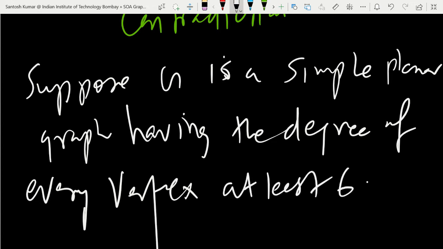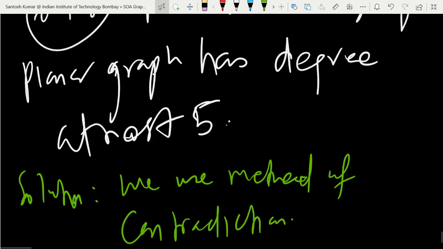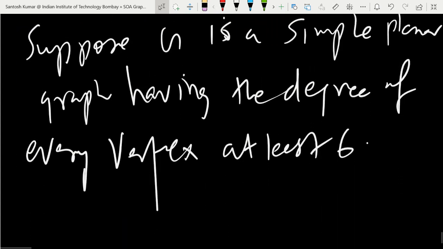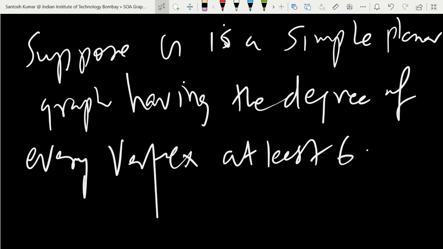So I'm taking degrees at least 6. We have to prove that some vertex has degree at most 5, so we took the contradiction of that. We took that G is a simple planar graph having the degree of every vertex at least 6, 6 or more.